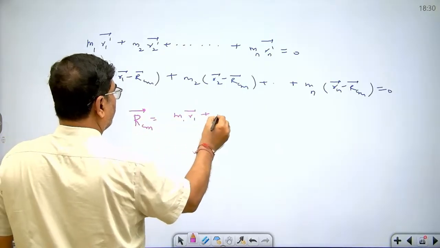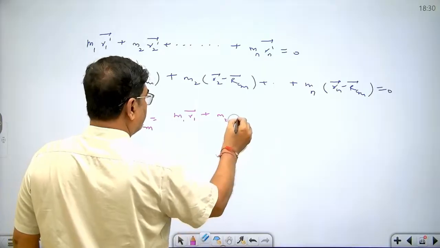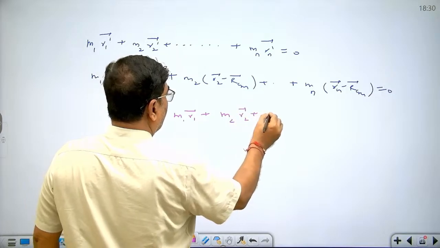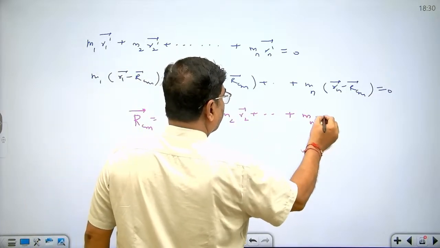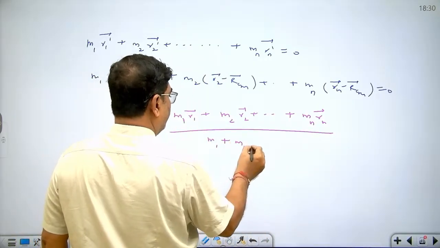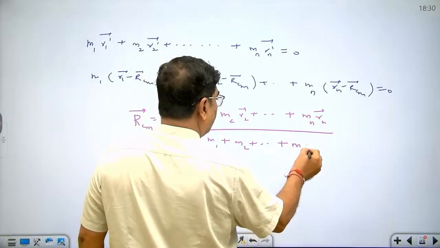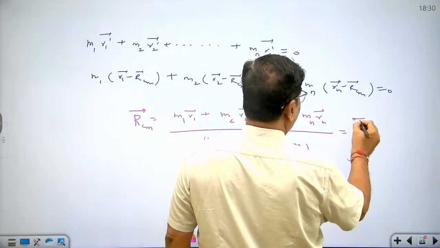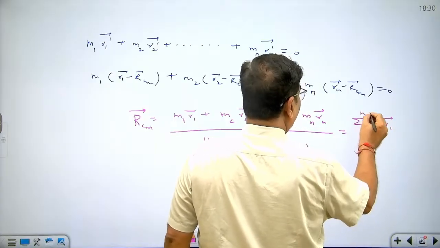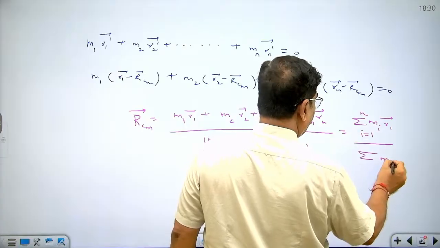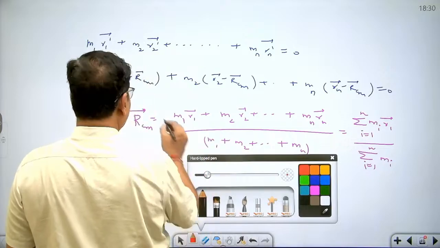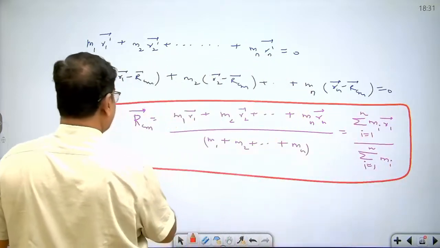This is M1 R1 vector plus M2 R2 vector plus dot dot Mn Rn vector divided by M1 plus M2 plus dot dot plus Mn, which we can write as summation Mi Ri, with i ranging from 1 to n, divided by summation of Mi, i equal to 1 to n. Dear student, this is the general equation for calculating the position of center of mass.